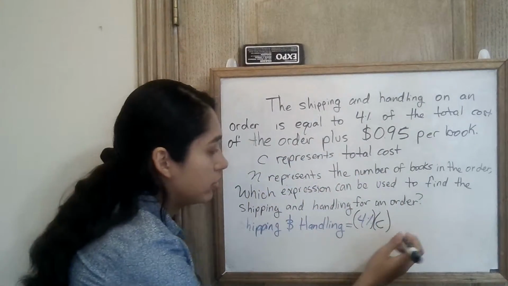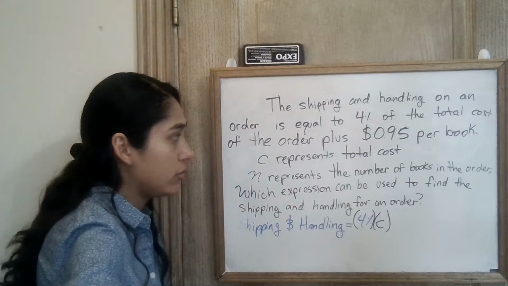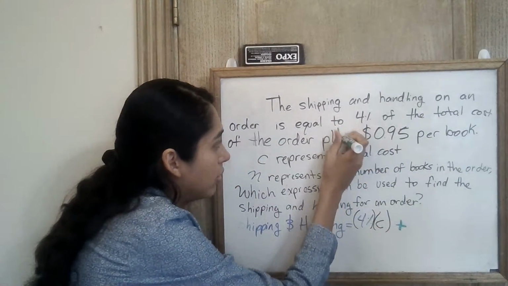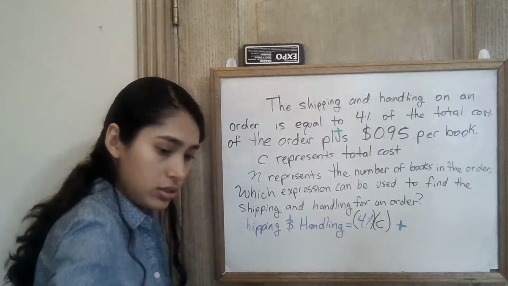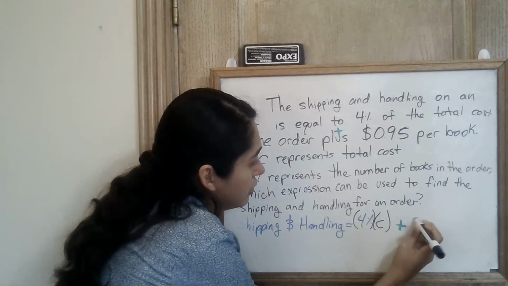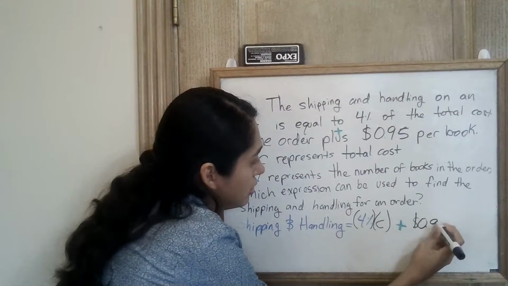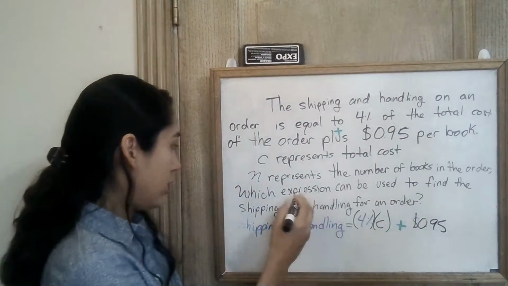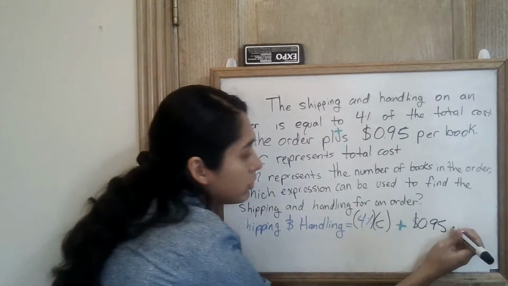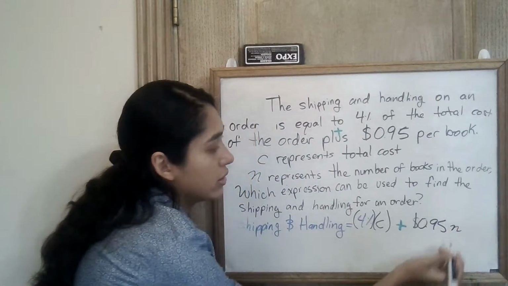So I'm going to use plus, right here it says plus per book, and n represents the number of books per order. So it's going to be this times n.